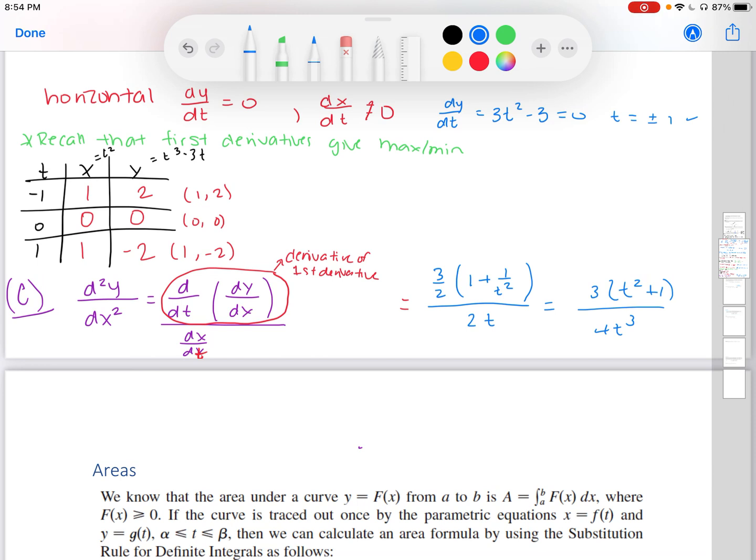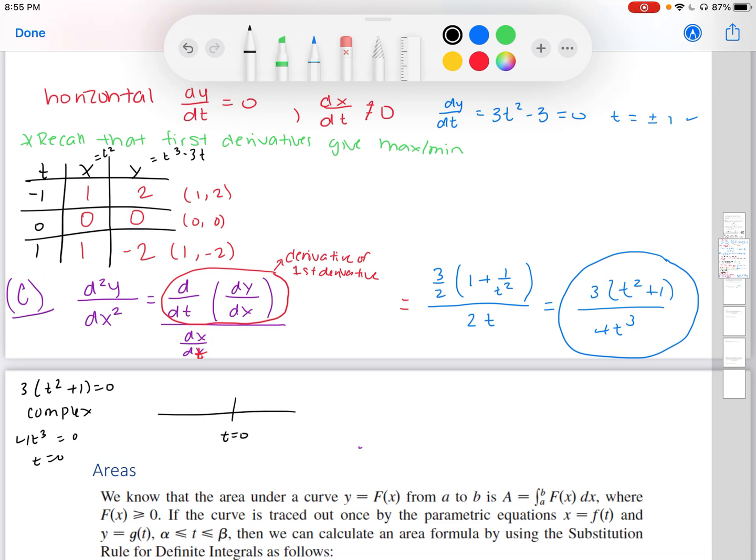Alrighty, let's go ahead and find when it's concave up or down. Remember, from here, we set our answer and we find when it's 0 or undefined. So we set the numerator and denominator equal to 0, and we only get that t is equal to 0. So the numerator gives us a complex answer. The denominator, 4t cubed, gives us a t of 0.